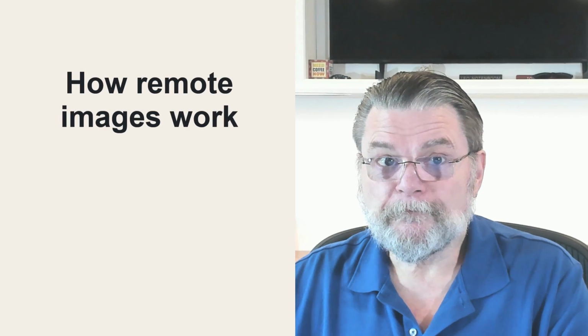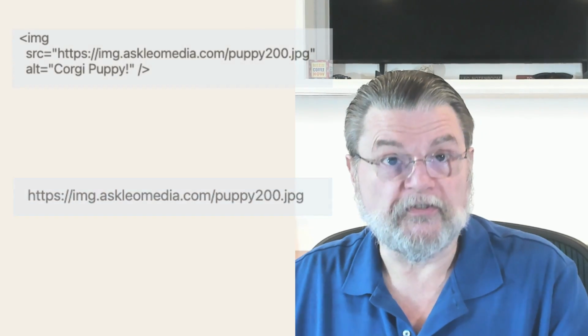Now that we know what remote images are, let's look at how they can be used and abused. Let's say I send an email to a large number of people. In that email, formatted in HTML, I include a link to an image on my server. For example, in this case, image.askleomedia.com/puppy200.jpg. In HTML, it would be encoded like this.